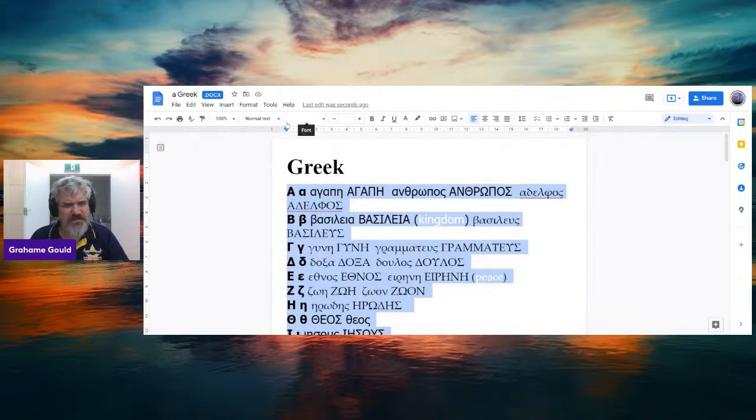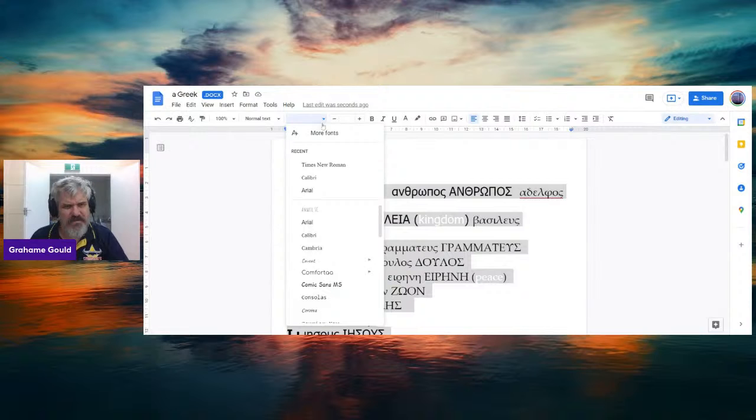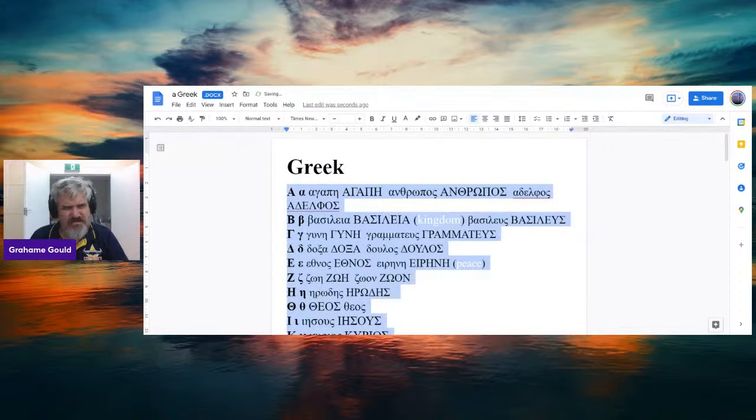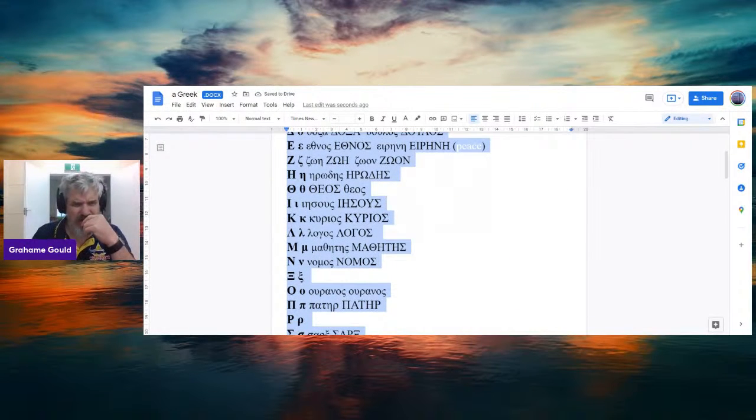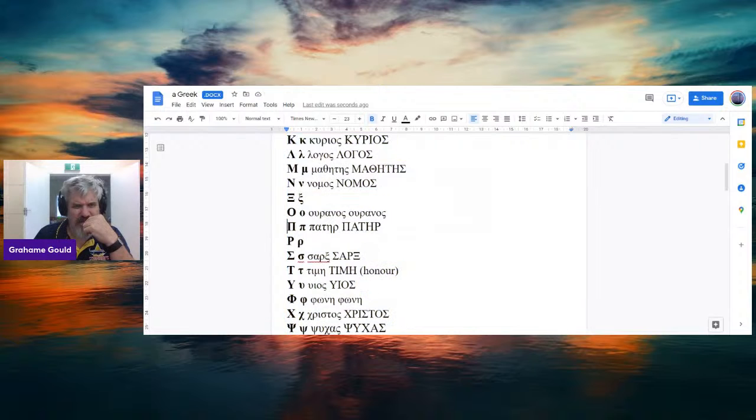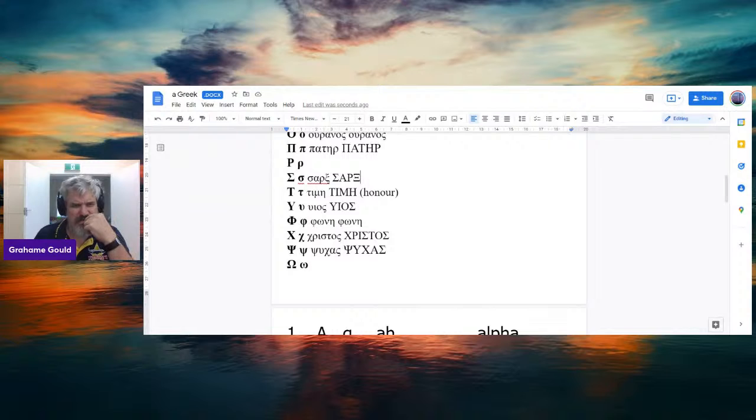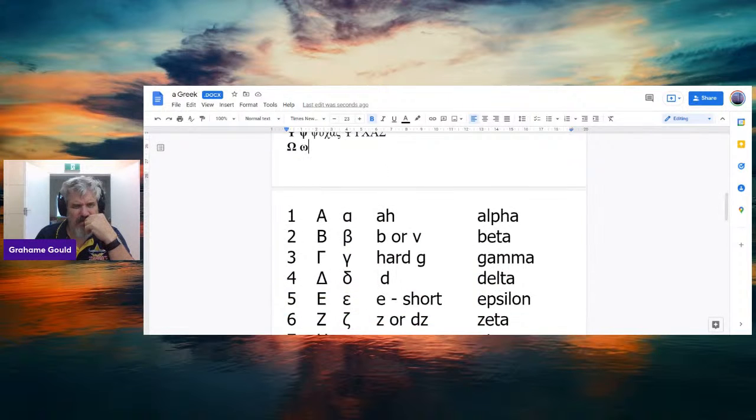I'll change it to Times New Roman. There we go. Now we've got a little better look at how it looks. Rho, sigma, tau, upsilon, phi, chi, that's the guttural, phi, chi, psi, omega.